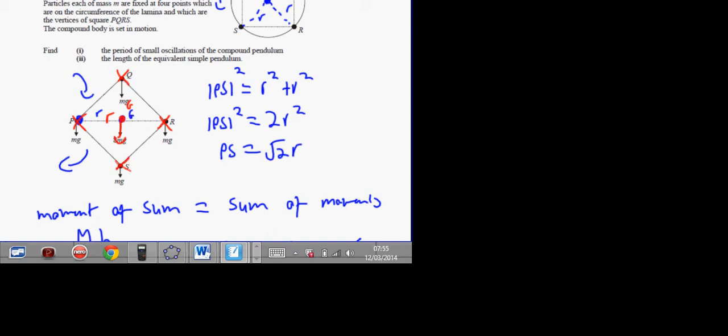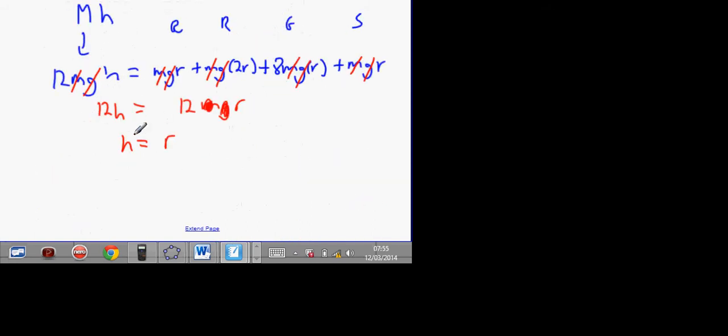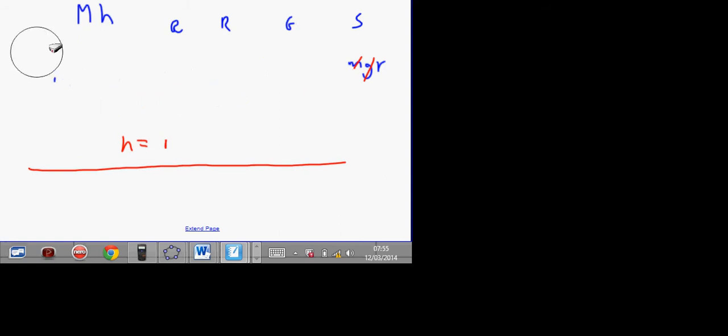Now that we've proved that all the weight is going through r, we're on the next part. We've got to find the inertia of the system. So I'm going to rub all this out and just leave h equals r. What does h stand for? h is when I treat the full system as one.